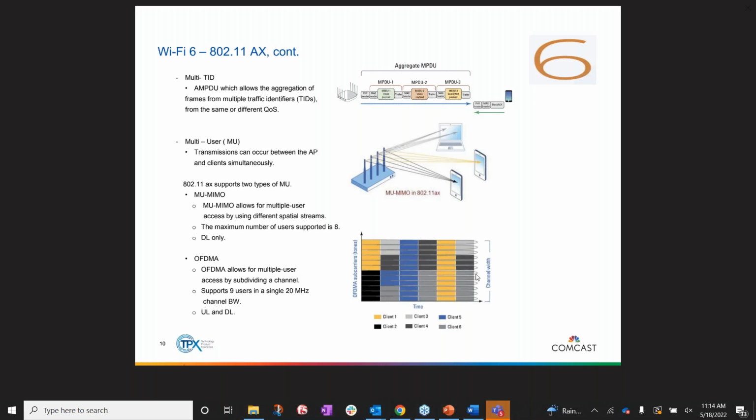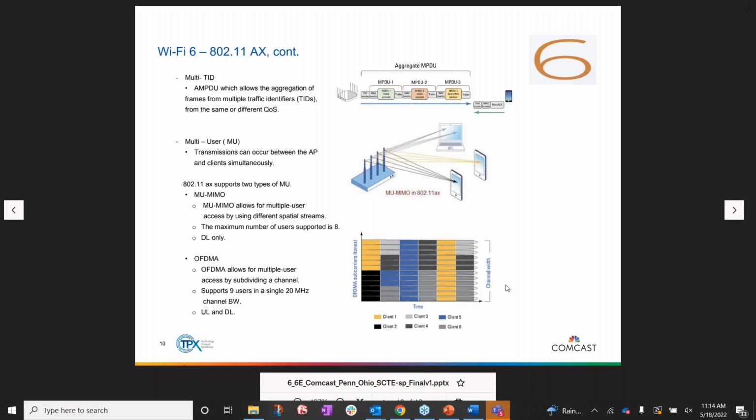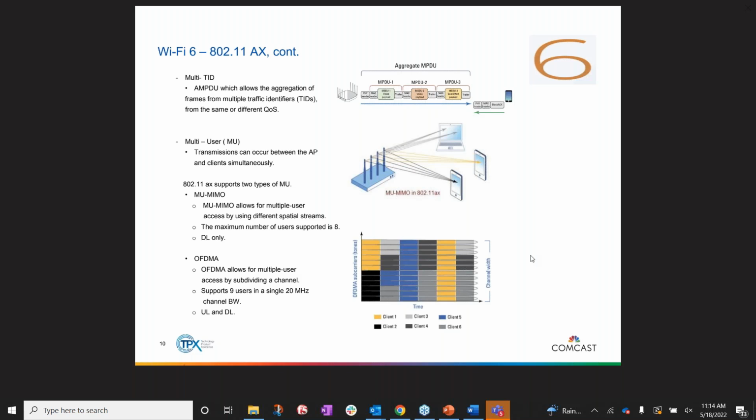It can talk to 74 clients in a single TX, which is way more advanced than MU-MIMO. And MU-MIMO only supports downlink: only the AP can initiate traffic to the client. But in OFDMA, both the AP and the clients can send traffic bidirectionally, so multiple clients can talk to the same gateway and the gateway can talk to multiple clients in a single layer. So there is much more flexibility in OFDMA.